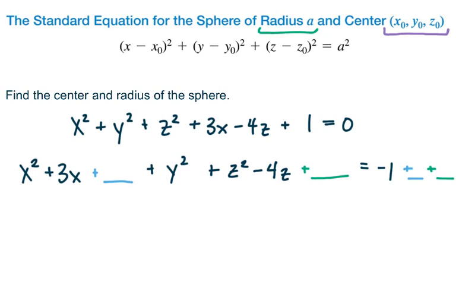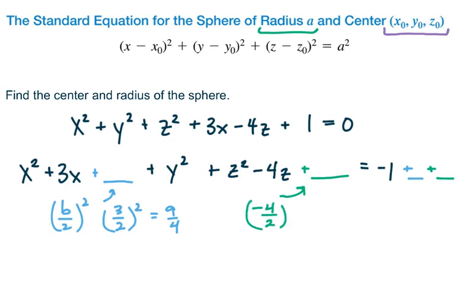When we go to complete the square, this term is always found as b divided by 2 quantity squared. b in this case being 3, I have 3 over 2 squared, or 9/4. So I'm adding 9/4 to both sides of the equation, as well as -4 over 2 quantity squared, or -2 squared, 4.